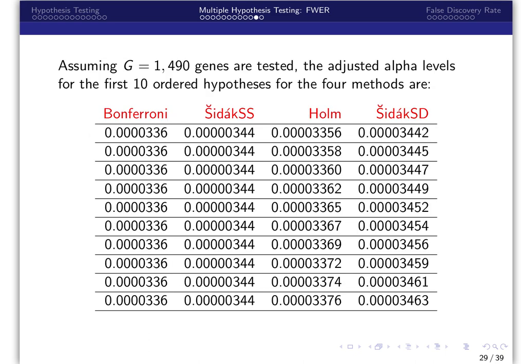For our example, where we may be interested in testing 1,490 genes, the different thresholds for these family-wise error rate control methods are provided. As you can see, the values are quite small given the large number of features, so there isn't much difference between them.